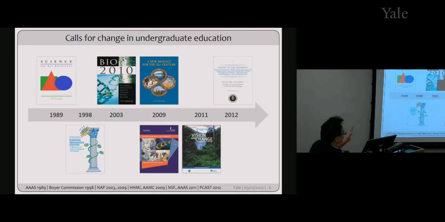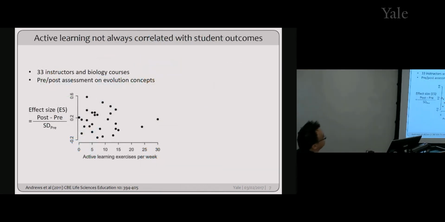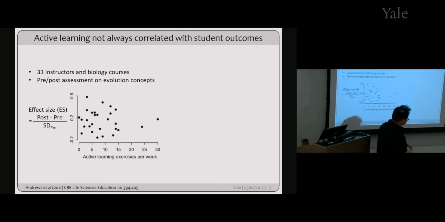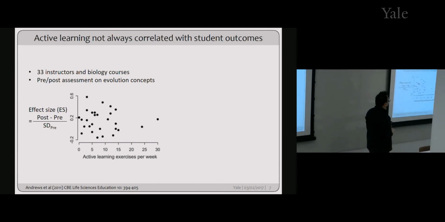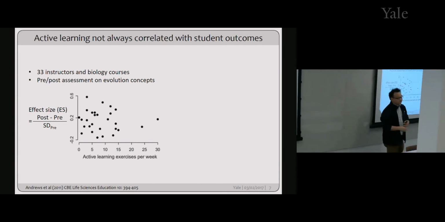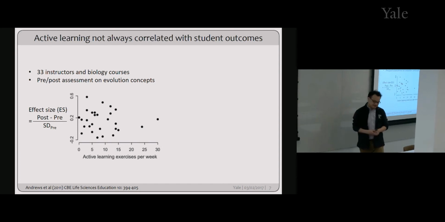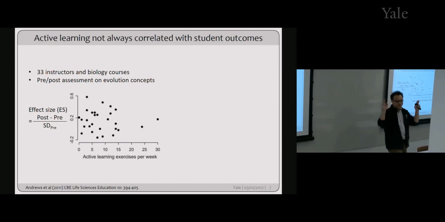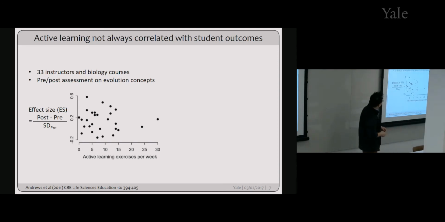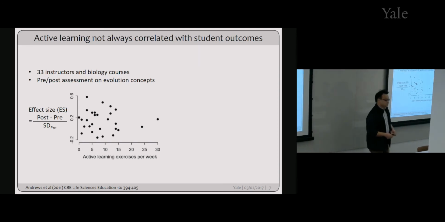So this has been all good, but at the same time, what's really interesting is that there's a small and persistent literature that says active learning, very broadly defined, does not always correlate with student outcomes. In this case, it's a study in biology where the authors went out into the wild and asked about 30 to 33 instructors how many active learning things they do per week.